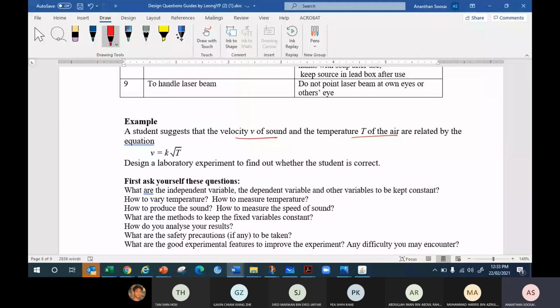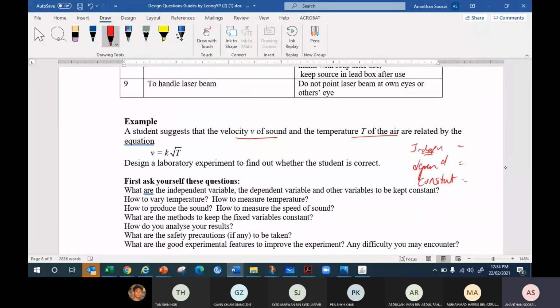Okay, set up an experiment. How do you set up an experiment? First, you need to find what is the independent variable, what is the dependent variable, and what variable to keep constant. That's 2 marks. What is the independent variable here? Anyone?